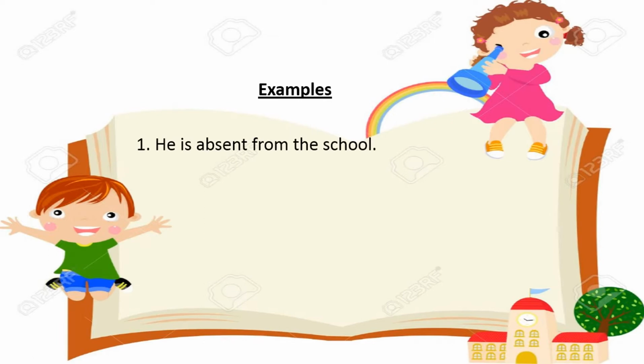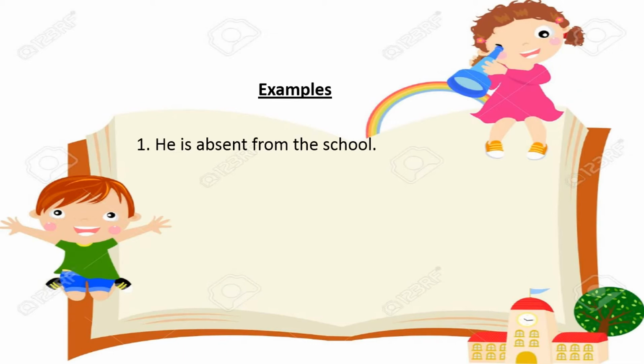He is absent from the school. From the rule, you know you have to use the auxiliary verb before the subject, because this is an affirmative sentence. Because of the affirmative sentence, you have to use the short form of not, n apostrophe t.